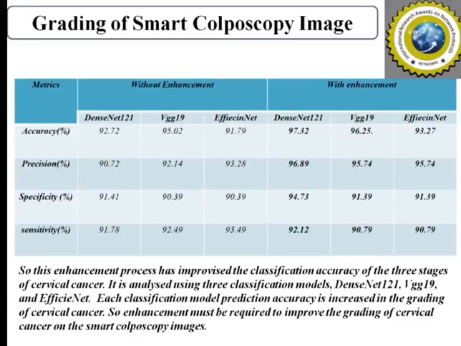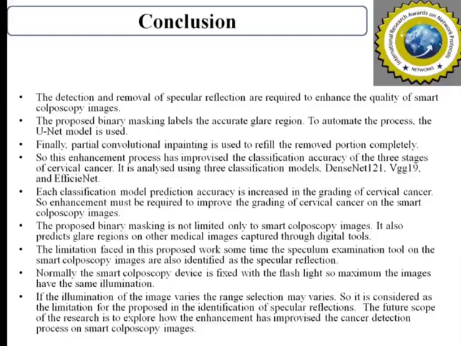Based on the analysis, you can see that the grading of cervical cancer improves. During grading, the quality is more important. This enhancement improves the grading of cervical cancer, which has been proved using the classification. The quality of the images has been improved by identifying the SR and removing it using the partial convolution neural network.